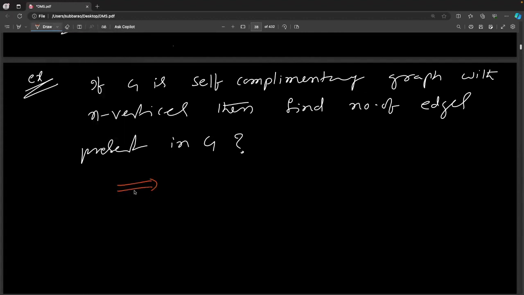If G is a self-complementary graph with n vertices, then find the number of edges present in G. The interesting thing is n vertices is given. So find the number of edges possible in Kn: n into n minus 1 by 2.